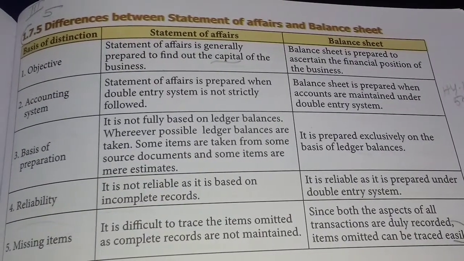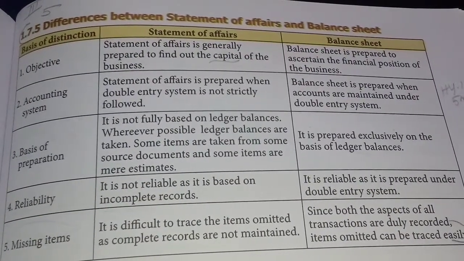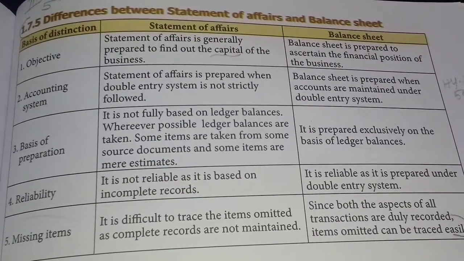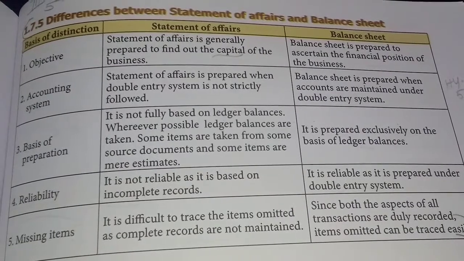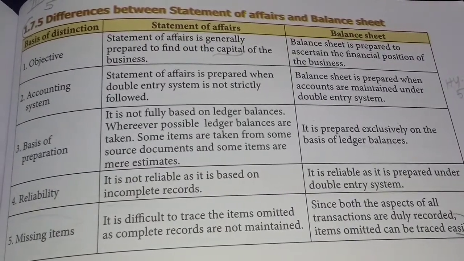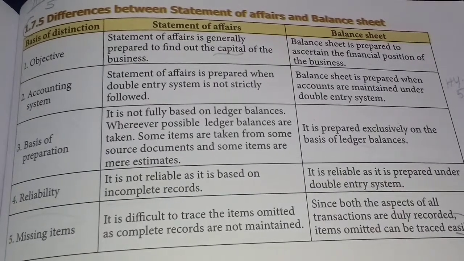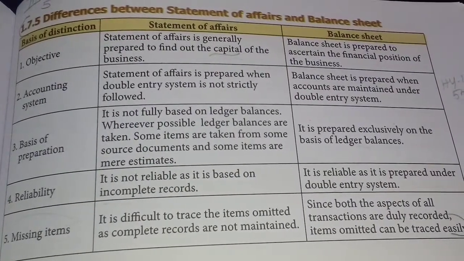Then the fourth point is reliability. We know that the statement of affairs is not reliable because we do not follow the double entry system and it has incomplete records. But the balance sheet is reliable because we follow the double entry system.